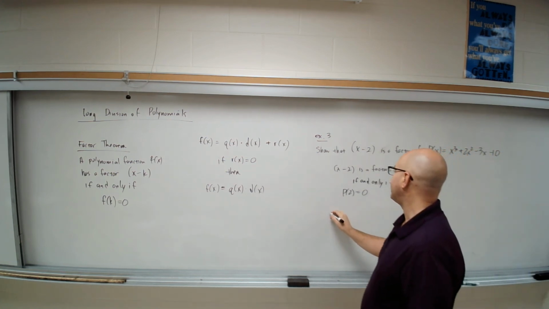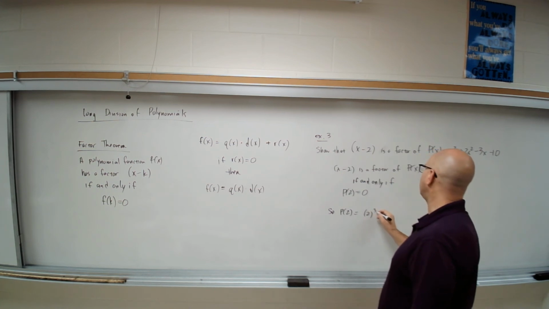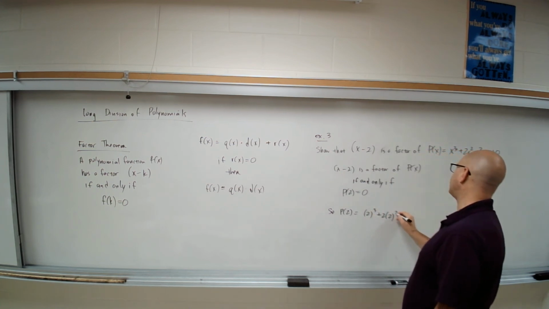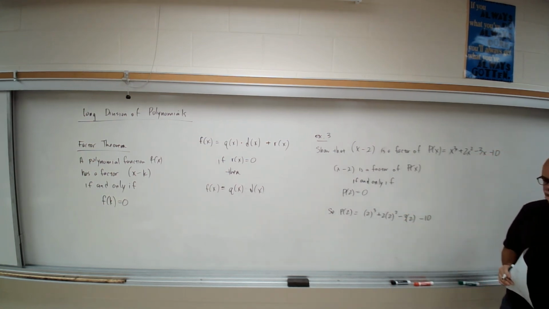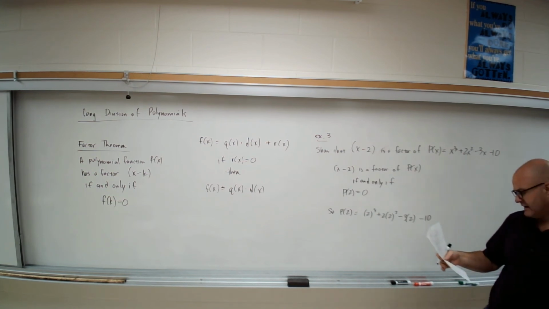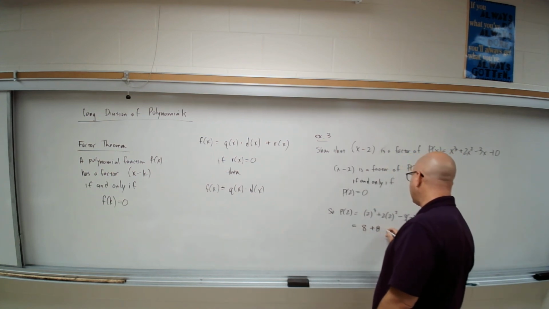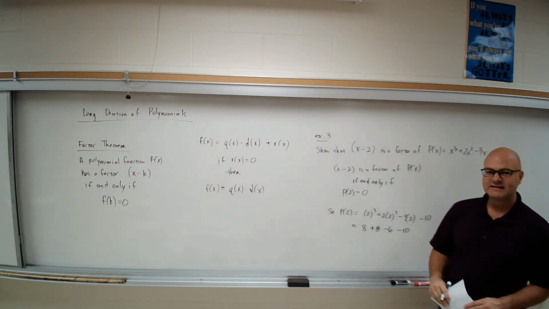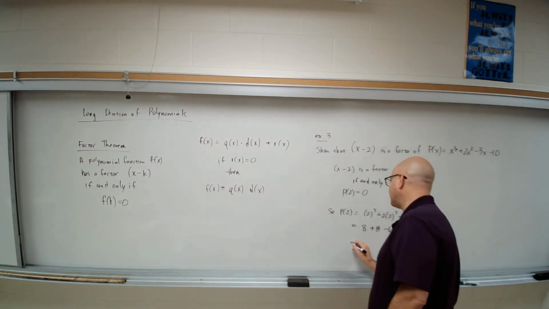So what is p of 2? p of 2 equals 2 cubed plus 2 times 2 squared minus 3 times 2 minus 10. That's 8 plus 8 minus 6 minus 10, which is 16 minus 16, which gives us 0.